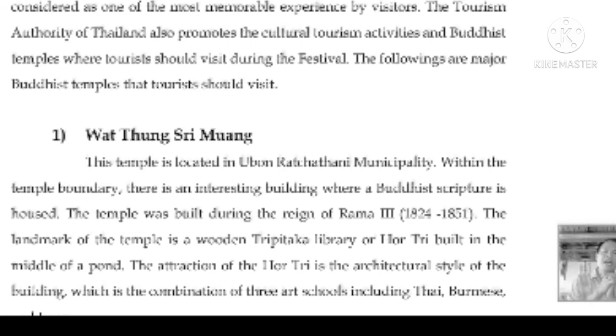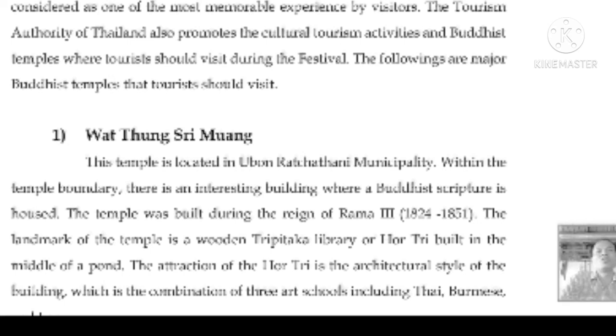Look at the word house. How is it a verb? House as a verb means to keep or put something in a special or particular place. The temple was built during the reign of King Rama number 3, and the landmark of the temple is the Wood Tripitaka Library, sometimes called Hotrai, built in the middle of the pond.